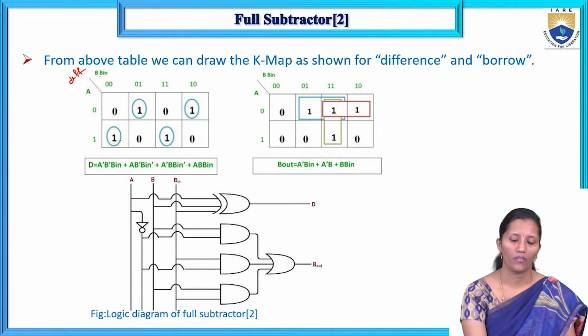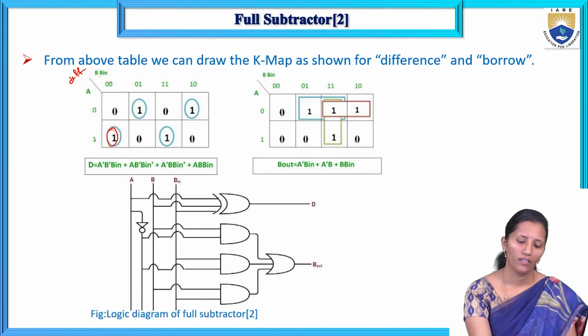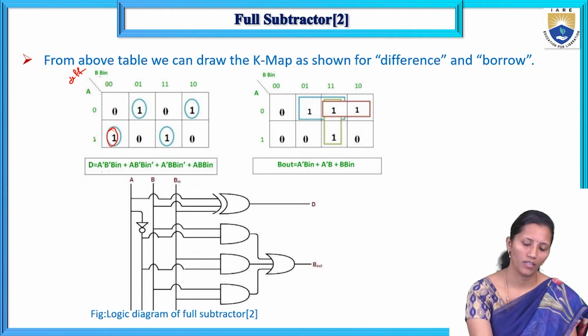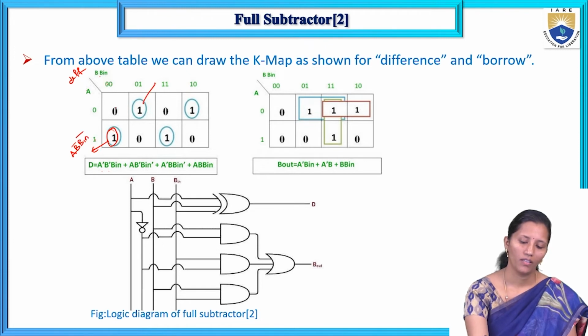So we have to write the equation for this one. Here, for this one, the 0s represent B bar, B in bar. So A bar, B bar, B in. So this term we can write as A, B bar, B in bar. Here A is 0, so we will write A bar.